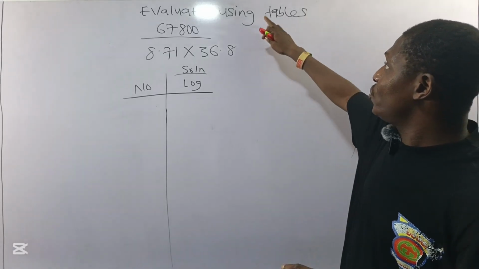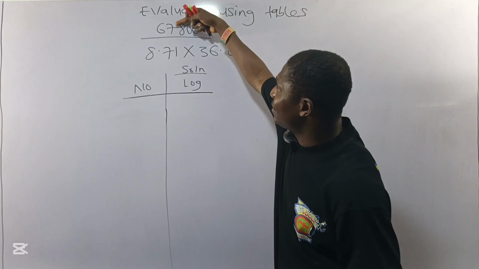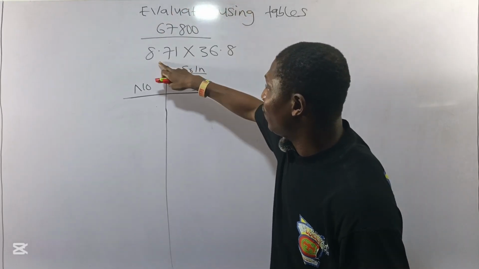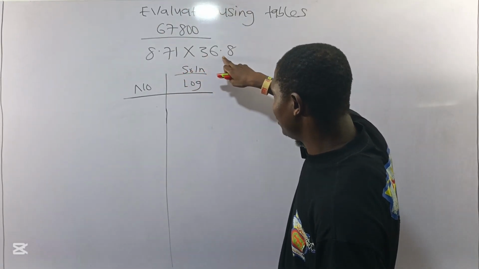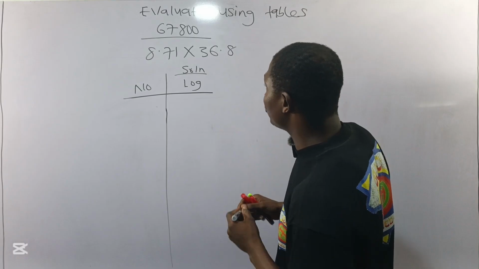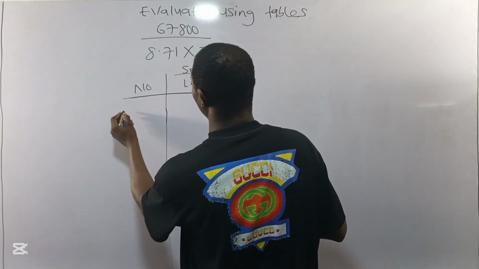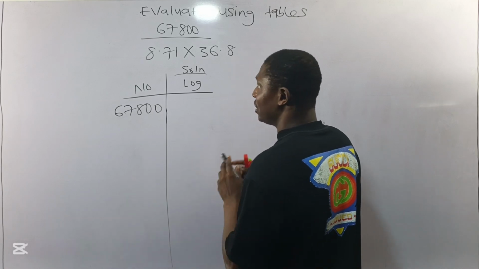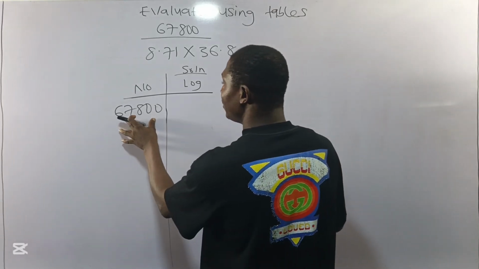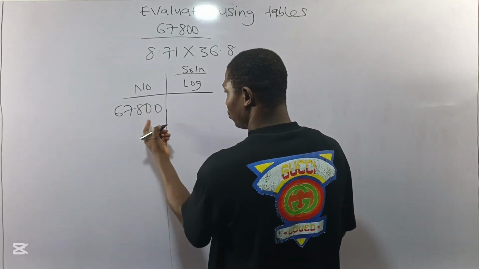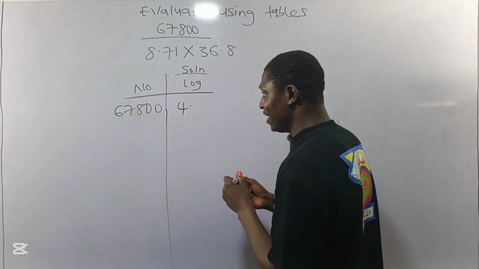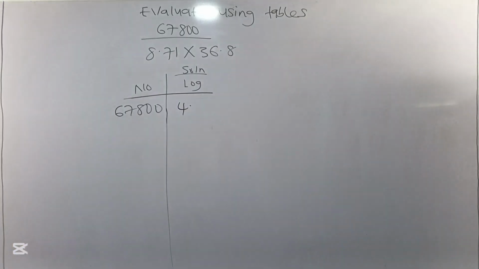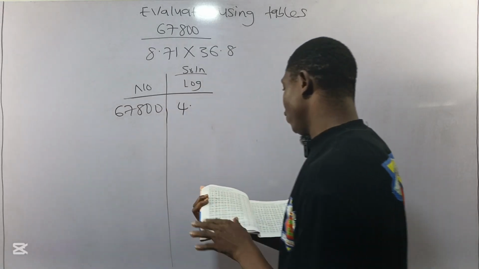So we have to evaluate using what? Tables. We have 67800 all over 8.71 times 36.8. How do we solve this? We start at the numerator. We have 67800. We have 5 digits, no decimal point. So 5 digits minus 1 digit will give me my characteristic, which is what? 4. I'll put my decimal point. And I'll check my log of 67.